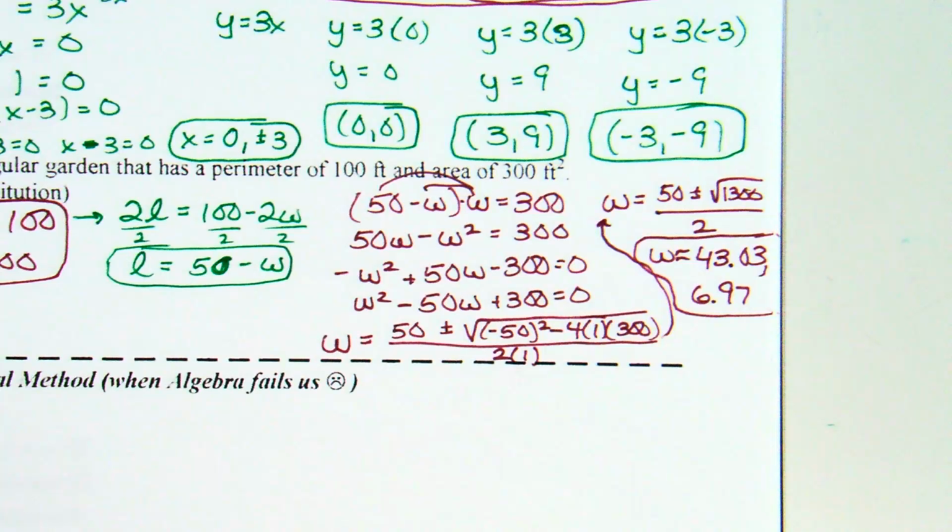They end up being the same, don't they? So what do we want to say? If I let you guys go whole numbers here, my dimensions are 43 feet by 7 feet. Okay. Good solid word problem, guys.